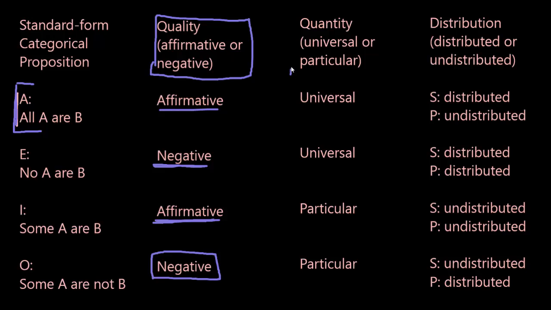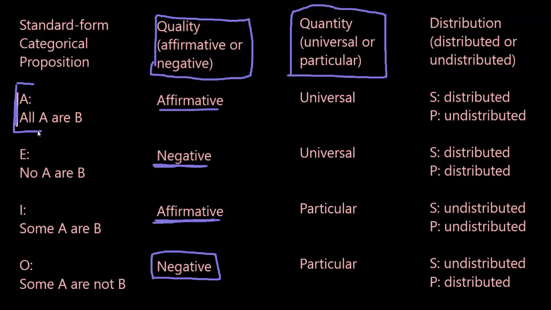When we move over to quantity, what we're worried about is how many things we're making an assertion of. If we're making an assertion of everything, then it's universal.